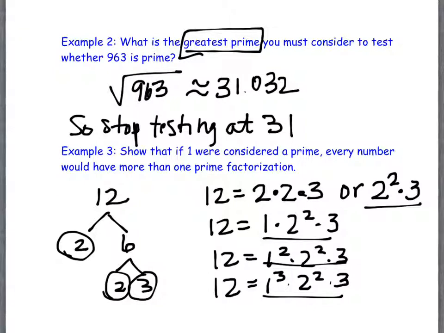So we've defined a prime number so that it has those 2 factors, and one of the reasons we want that definition is for this fact. We want the prime factorization to be unique. And if 1 were a prime number, it wouldn't be. Because all of these that I've written down, plus plenty more, would be legitimate prime factorizations, and they'd all be different. That's not good. We want it to be unique.